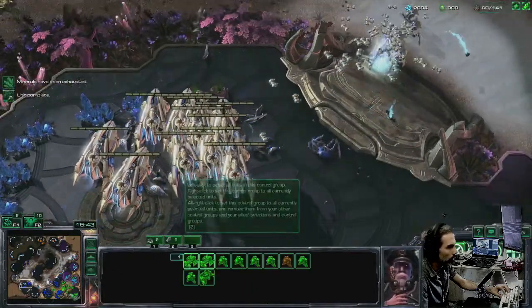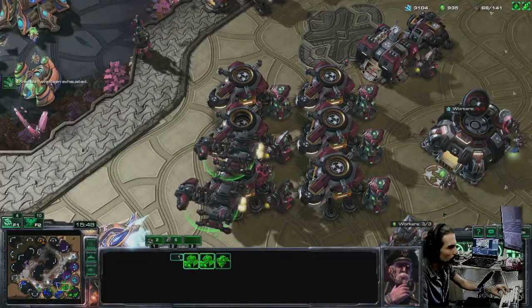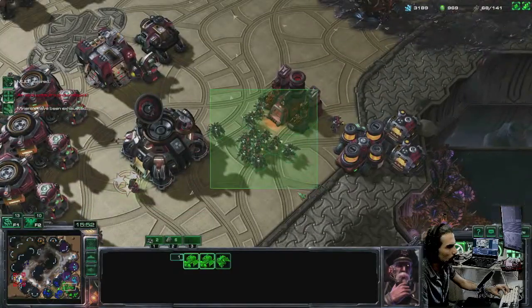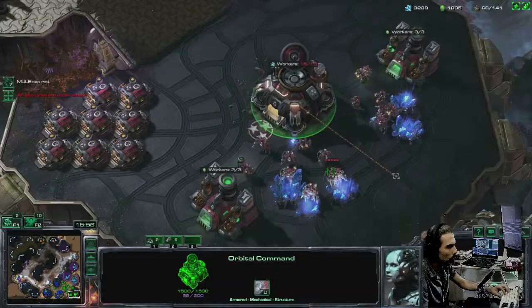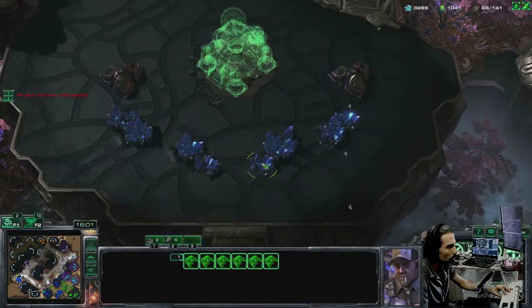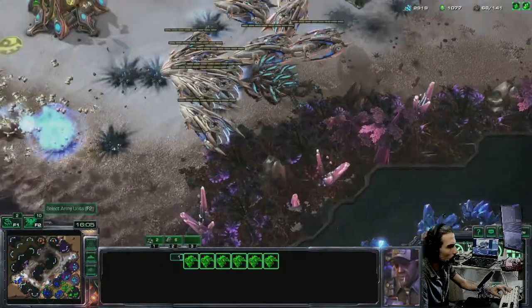Mineral field depleted. Mineral field depleted. Our allies are being attacked. In the rear with the gear. Big job, huh? Yes, sir.